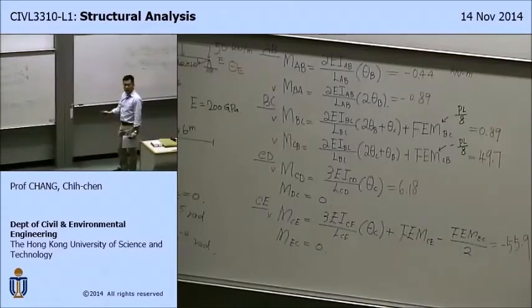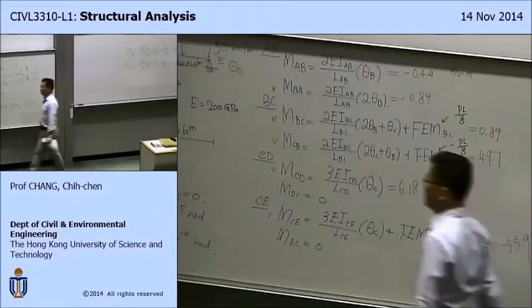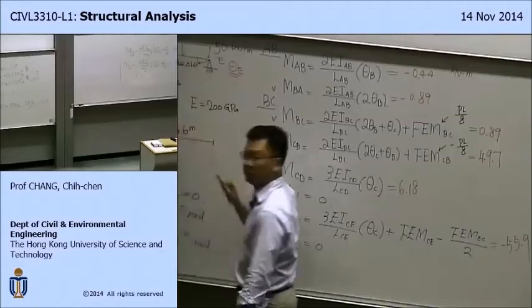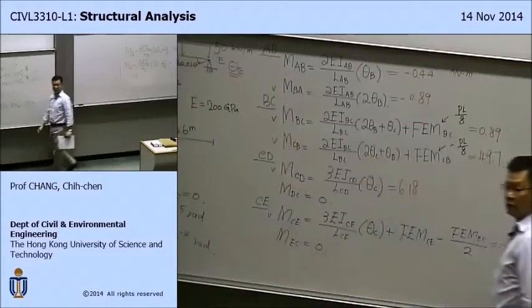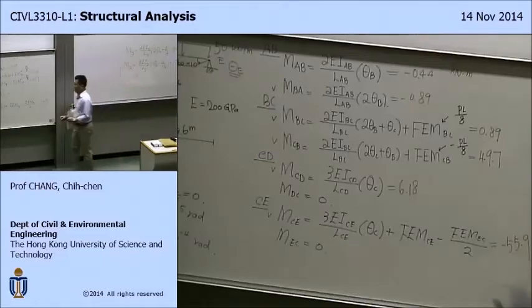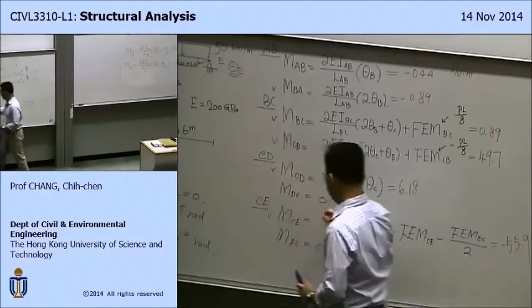Also, if you are interested in finding out this rotation angle and that rotation angle, how to find them? Anybody know how to find them? Well, these two angles can be found from these equations.